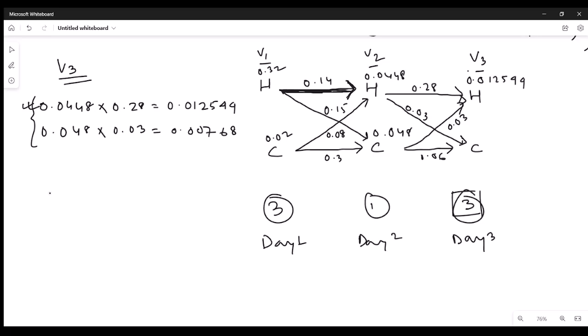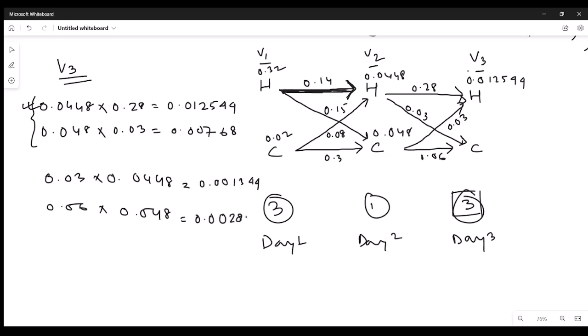And similarly, we calculate for the cold weather, and it gives me 0.03 into 0.0448, and again 0.06 into 0.048. Here the values are 0.001344, and here it is 0.00288.